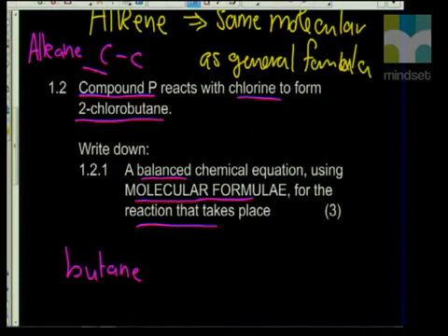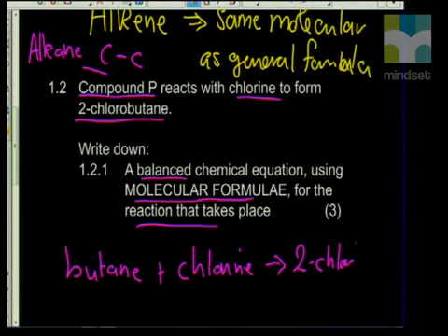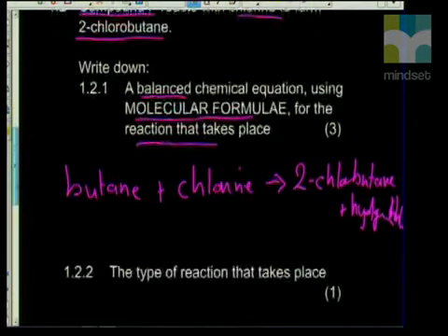I'm just putting it in words, plus chlorine, so I don't make a mistake, gives us 2-chlorobutane. And we are going to have something else left over as well. It's going to be hydrogen chloride. Now, that is just to guide me so that I don't make a mistake. Let's put down the formula.